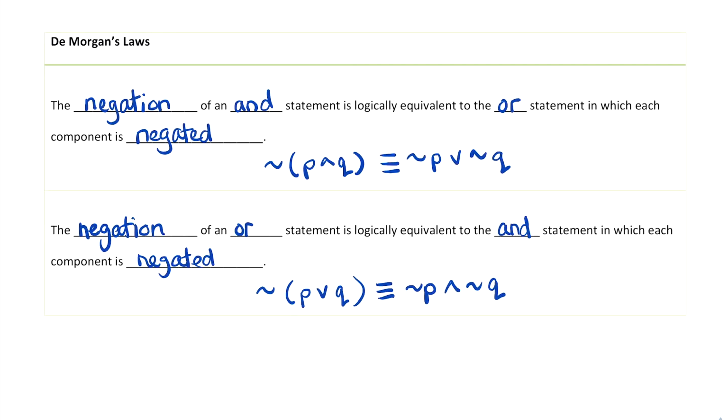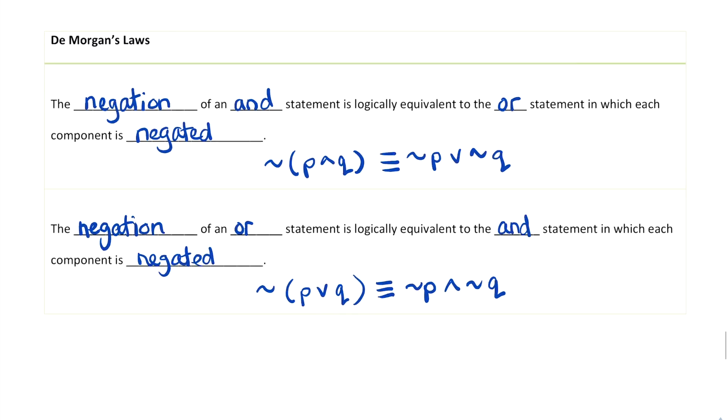Cool? All right, well, let's take a look at a situation. So let's say X is some real number, X belongs to the reals, that funny looking E is an element of, belongs to. And let's also say that 0 is less than or equal to X is less than 3.